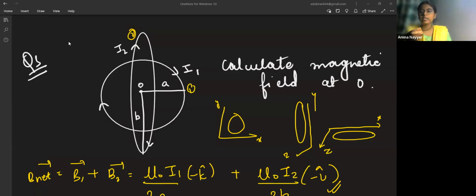Look here. This is your regular XY plane. This is your Y-axis, this is your X-axis. So in the XY plane, if it is kept like this, now this is your Y-axis and this is your Z-axis.